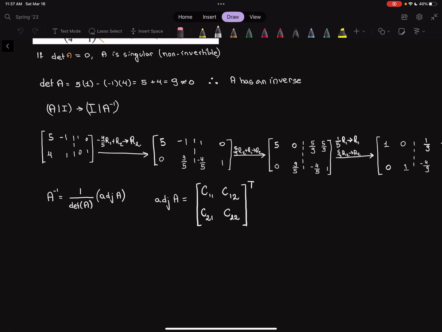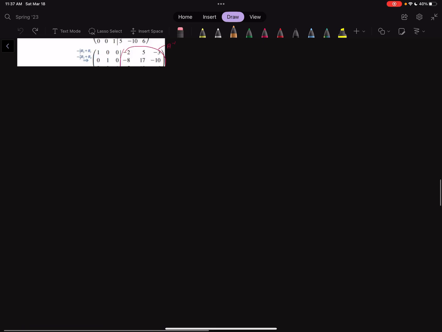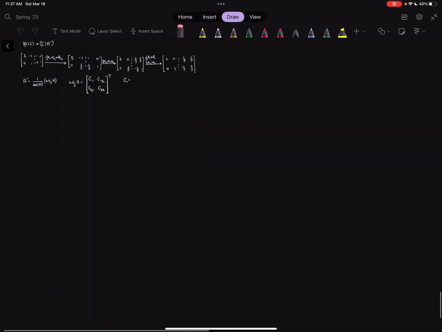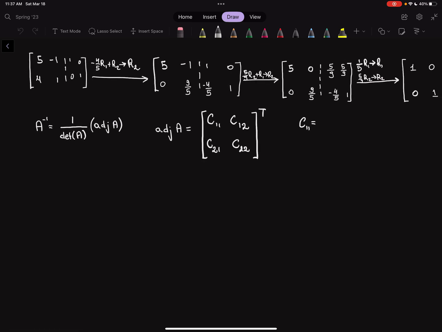So let's try to find C11, for example. C11, we know it's going to have a positive sign because the subscripts add to an even number. And if we take out in the original matrix 5, -1, 4, and 1, if we take out the first row, first column, we get that the submatrix is just 1. So we know that this one's going to be 1.